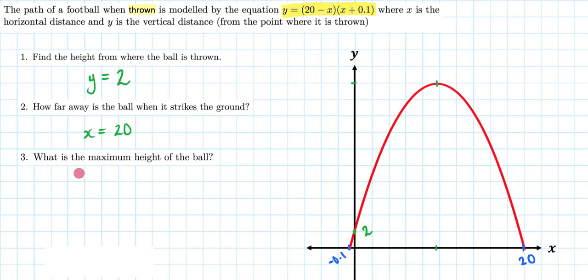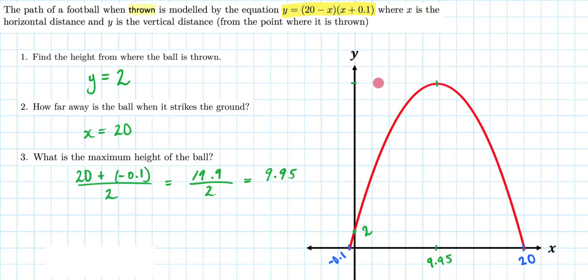So I'm going to go 20 plus negative 0.1, and then I'm going to halve that. So find the average of it. So that's going to be 19.9 over 2, which is 9.95. So this right here is 9.95.